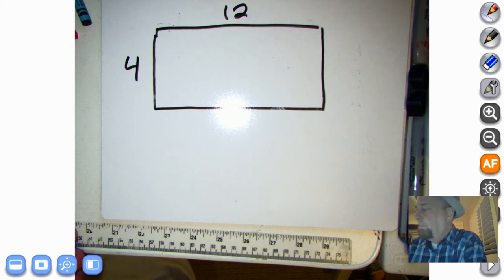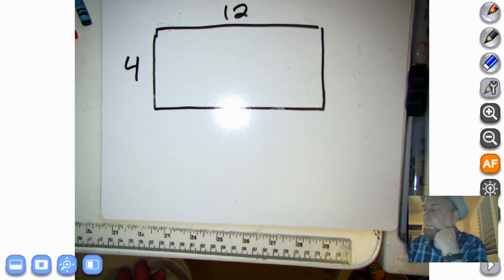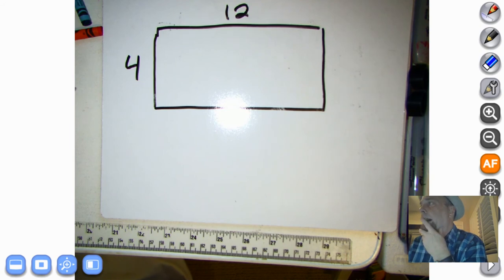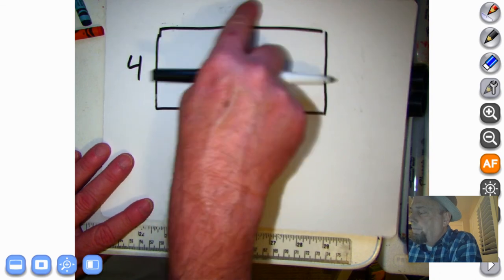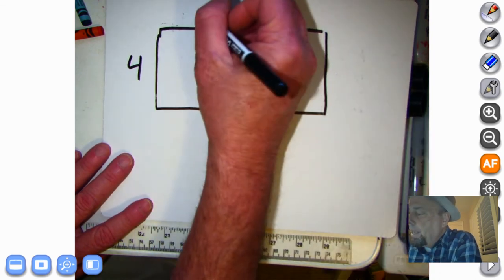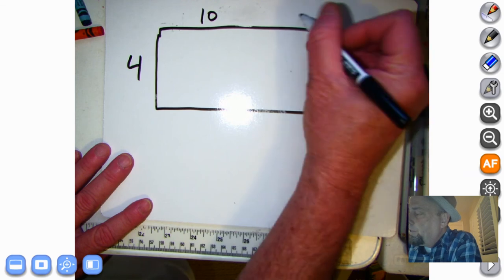And welcome back. What strategy did you use? I'm curious to know. Well, let's see what I would use. I think I would erase that 12, and if you did it another way, that's fine, and do 10 and 2.